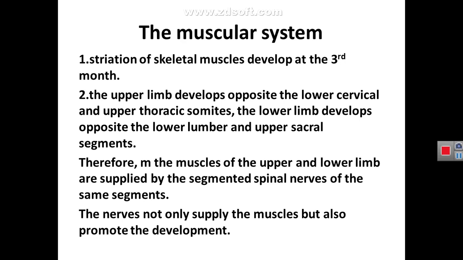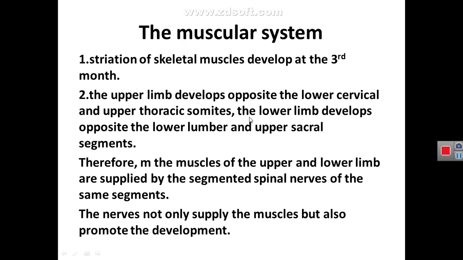And that is because muscles of the upper limb originate from the dermomyotome of the C5 somite, C6 somite, C7 somite, C8 somite, and the 1st thoracic somite. So muscles of the upper limb have the same nerve supply as the adjacent parts of the neural tube, which is adjacent to the somites of origin, via the brachial plexus.